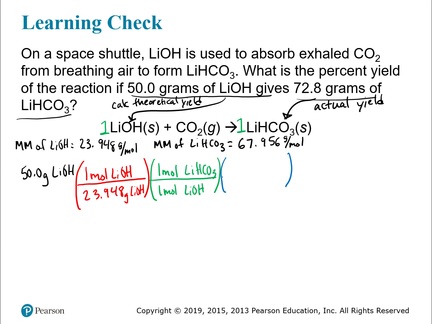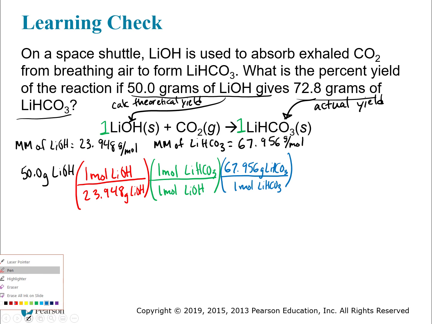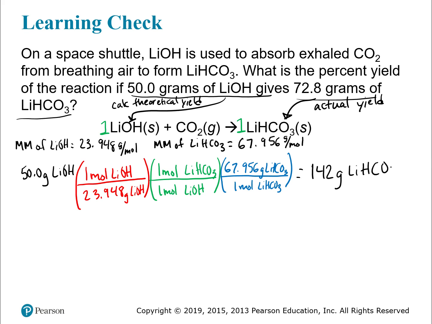We're not there yet because we need the mass. So we're going to use the molar mass that we calculated before. Put that at the top. And you should get something like this. This is our theoretical yield.